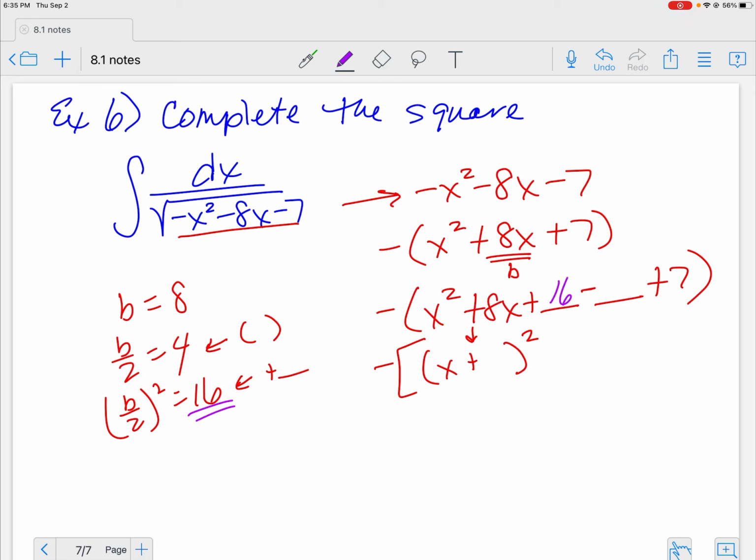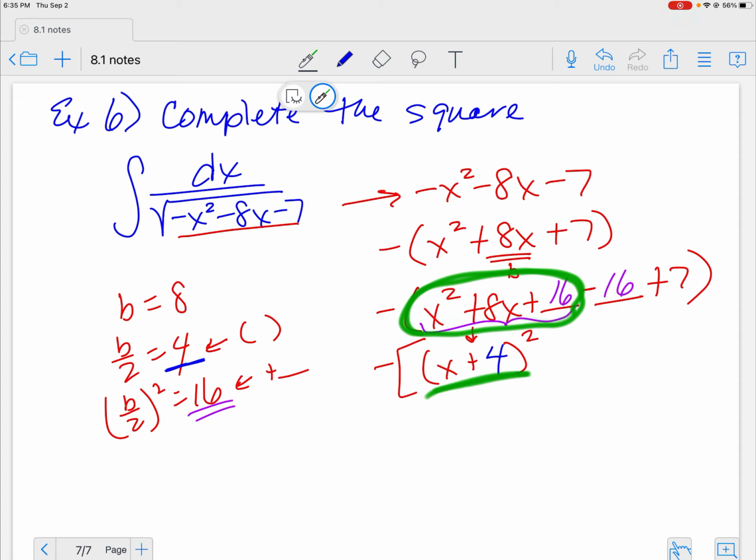So this one, if I add 16, I have to subtract it, right? But this piece right here is a perfect square trinomial, and that's why this 4 goes right here. Do you see it? That is completing the square. So if I complete the square, I have this perfect square trinomial right here. That's going to break down into this part.